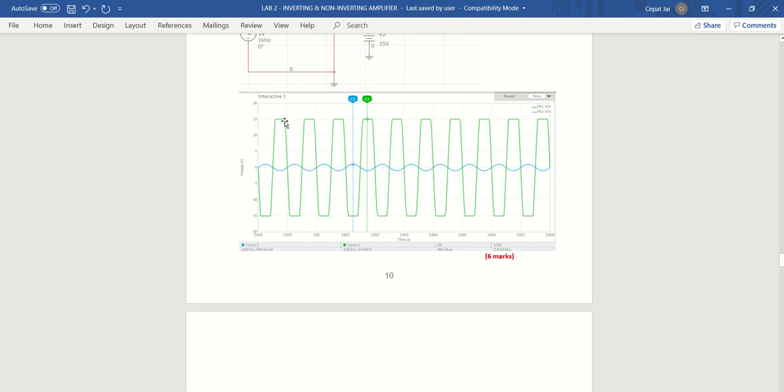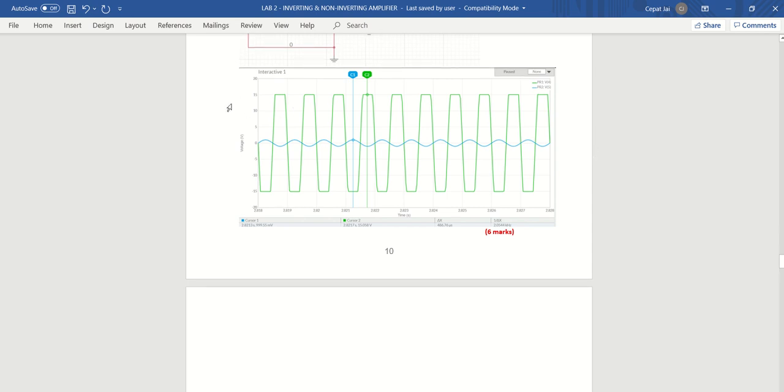If this were an ideal op-amp, the output would be a 30 volt sine wave. Since the rails are at positive and negative 5 volt, as soon as the output reaches a voltage greater than 5 volt it clips. So that's why the waveform is cut like this.